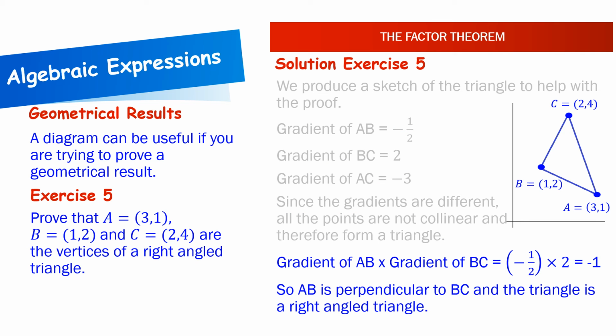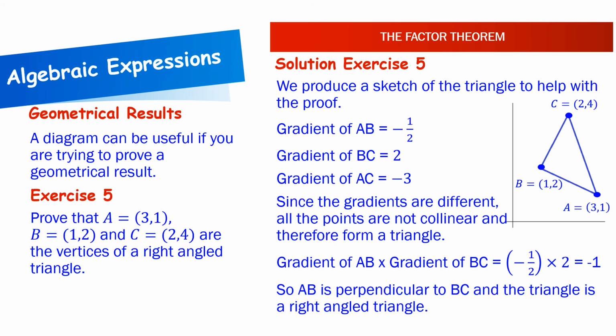And therefore, AB is perpendicular to BC, and the triangle is a right-angled triangle. And therefore, we've proved the statement of exercise 5.